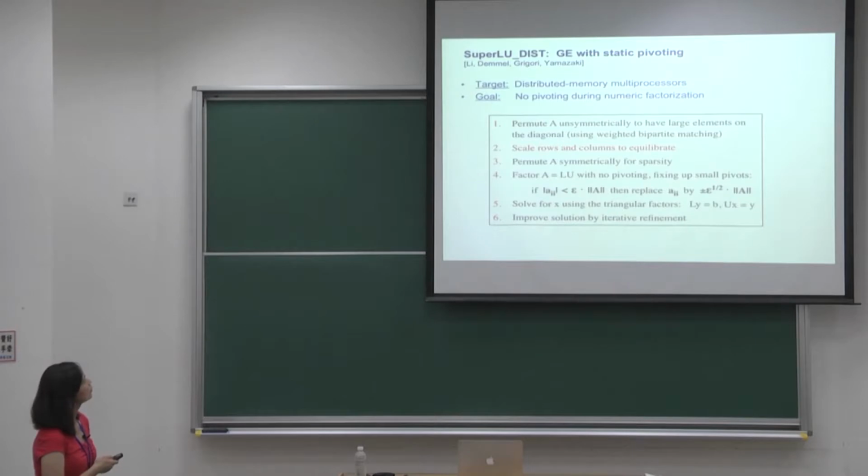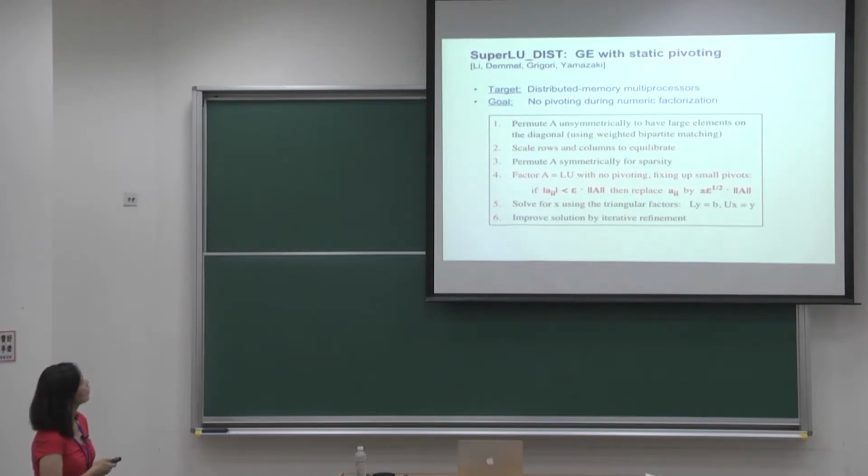Then the fourth step is during the factorization, we don't need to do pivoting anymore since we assume that we already got a good pivot sequence. And throughout the factorization, suppose you still encounter some very tiny element on the diagonal, then you don't want to divide by this. You can say, I replace this diagonal by a little perturbation.